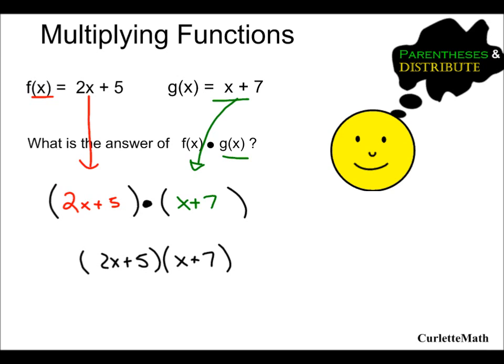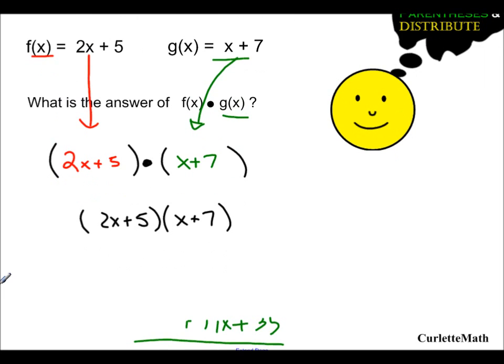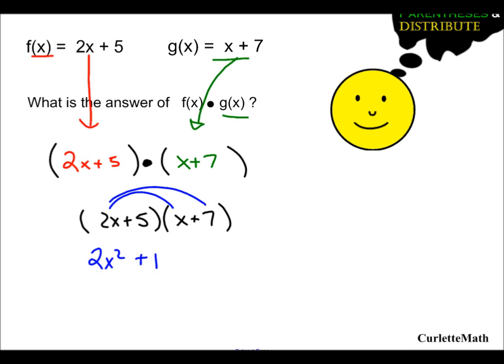Now remember, when you have problems like this, we've got to either FOIL or distribute. Now when we work this out, I'm going to distribute the 2x times x, which will give me 2x squared, the 2x times 7, which gives me 14x. Then I'm going to distribute the 5, which is going to give me positive 5x, and 5 times 7, which is 35.